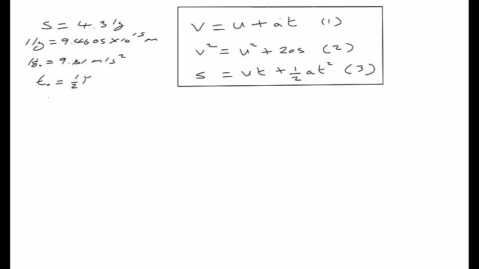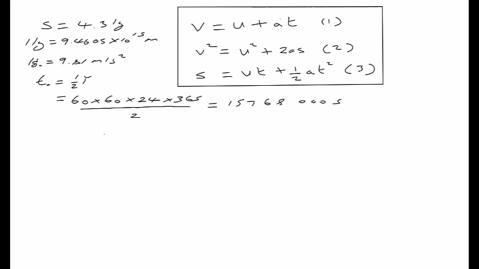So that would be equal to 60 seconds times 60 minutes times 24 hours times 365 days, all divided by 2, because we're looking at half a year, which computes to around 15,768,000 seconds.